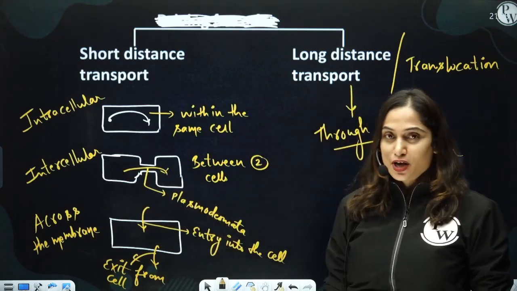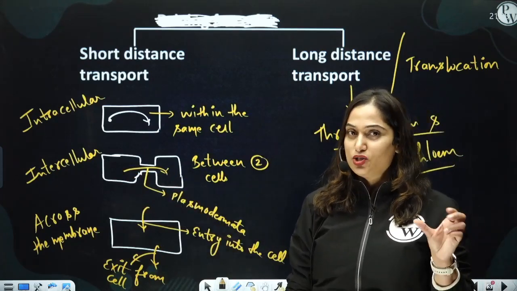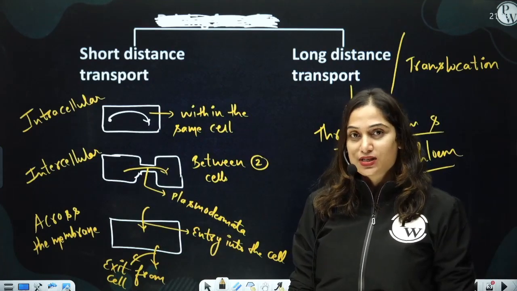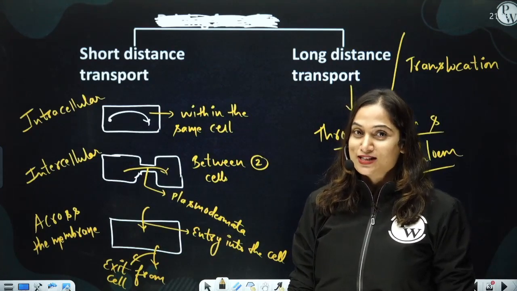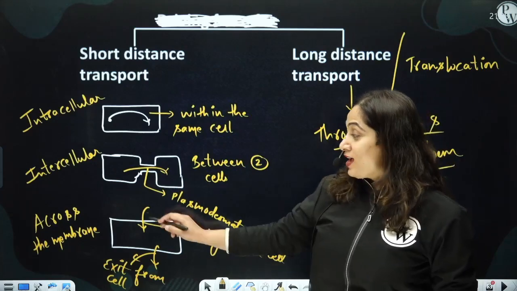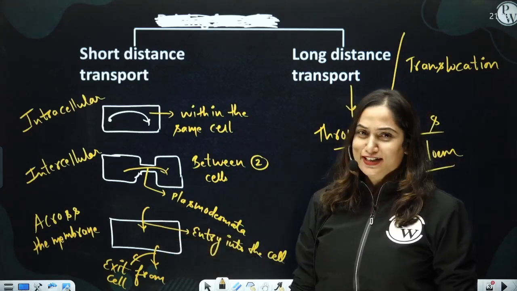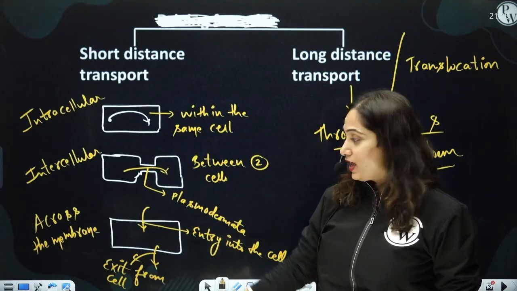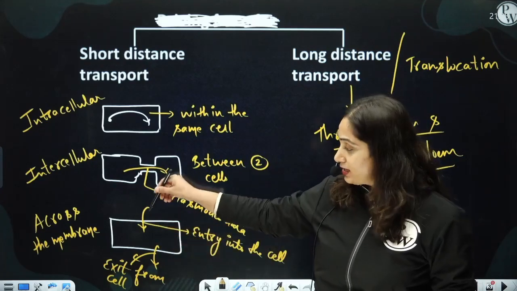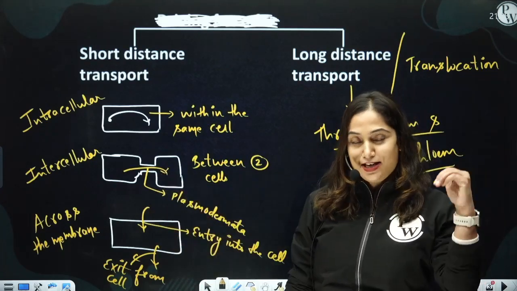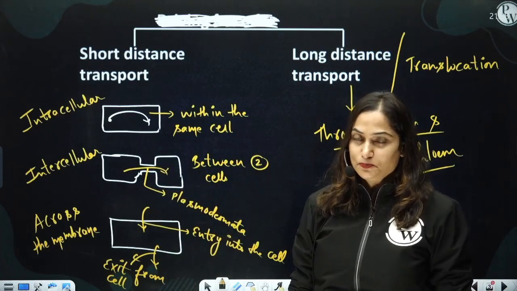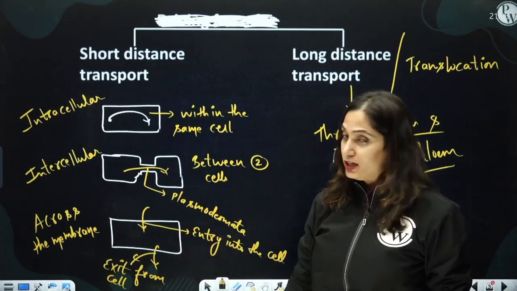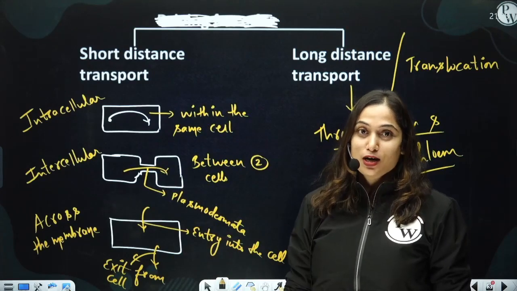And this kind of transport occurs with the help of a bridge-like structure between the two cells, and that is plasmodesmata. Now, across the membrane, this is also short distance transport. If some molecule has to enter into the cell, that is entry into the cell across the membrane, and exit from the cell, that is also across the membrane.